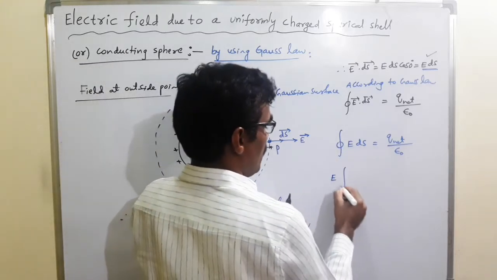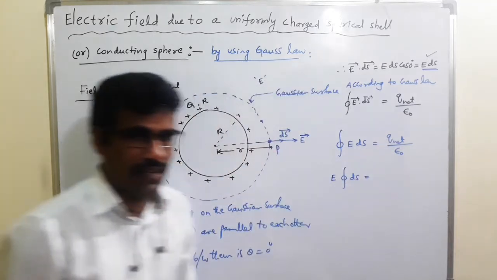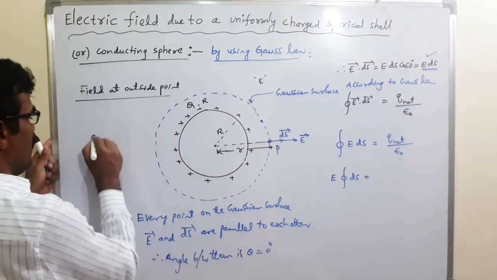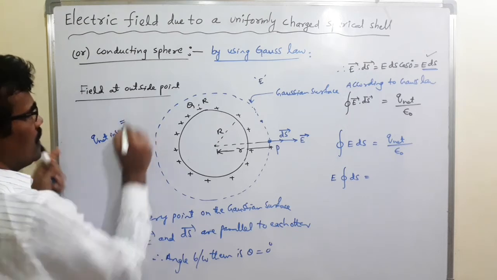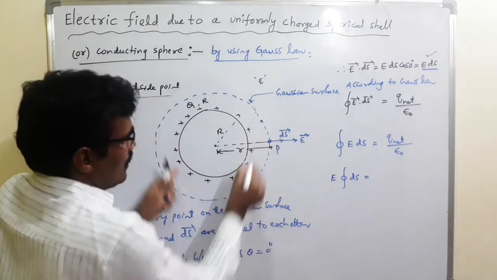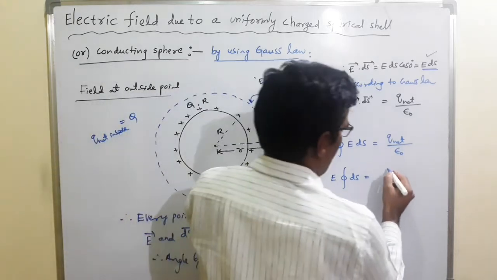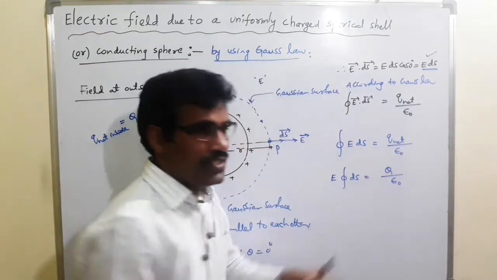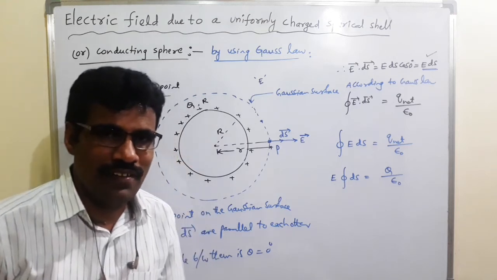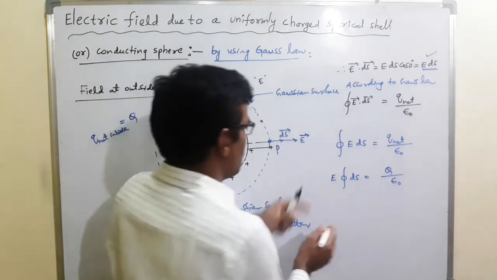Taking the constant common, E times the integral of dS equals Q net. Q net is the charge inside the enclosure, which is Q, so Q by epsilon naught. The integral of dS is the area of the Gaussian surface.